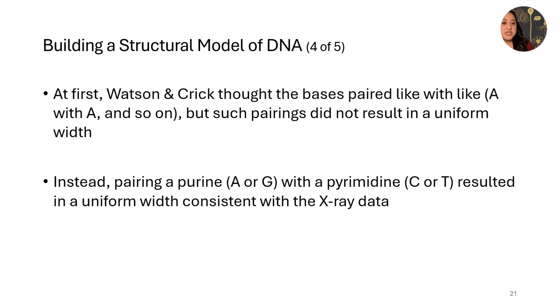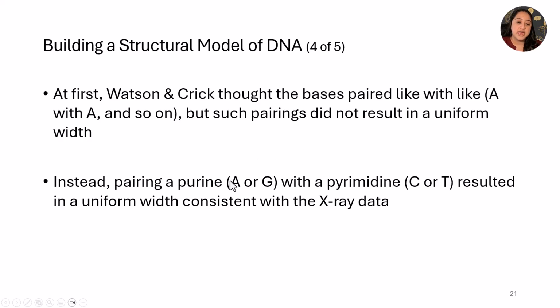So at first, Watson and Crick thought the bases paired the similar ones together, like maybe A goes with A, G goes with G. But that did not end up working out. It didn't result in the uniform width that would make this kind of turn possible. Instead, it turned out that pairing a purine with a pyrimidine resulted in a uniform width consistent with the X-ray data.